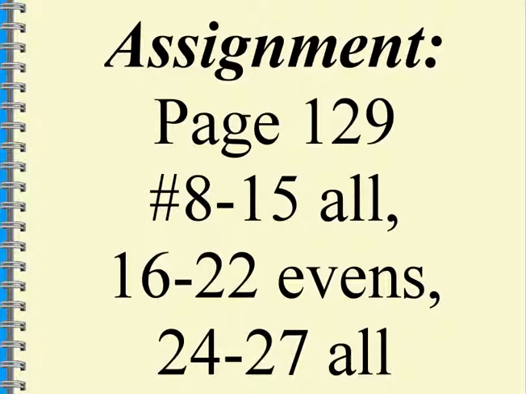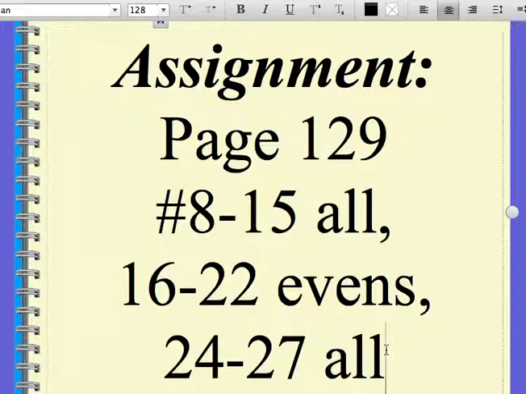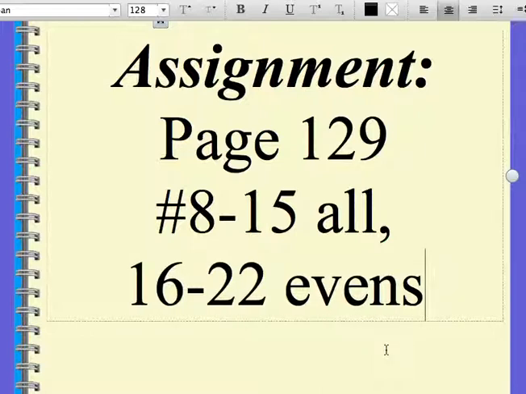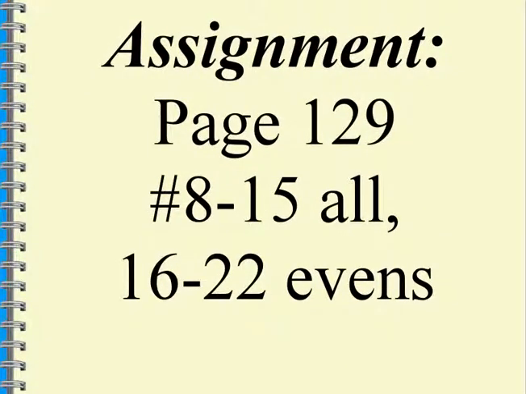Okay, actually, just for the sake of time, we didn't get number 26 looked at, so I'm going to change that. There you go. Okay, page 129, 8 through 15 all, 16 through 22, the evens.